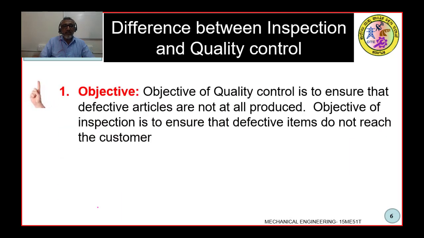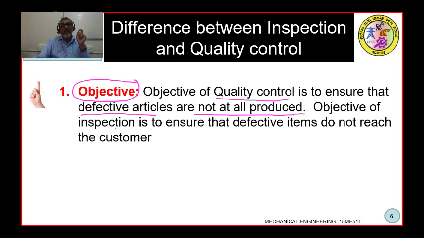The first difference is about the objective. The objective of quality control is to ensure that the defective articles are not at all produced. That means eliminating the production of all defective articles is the aim of quality control.